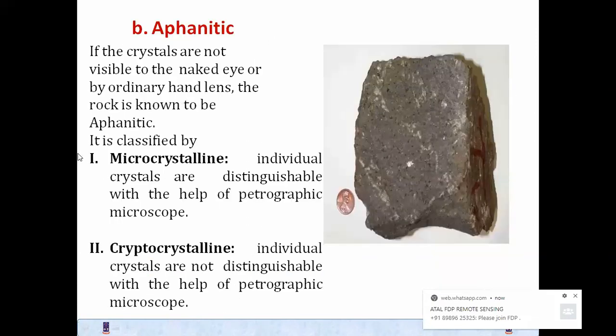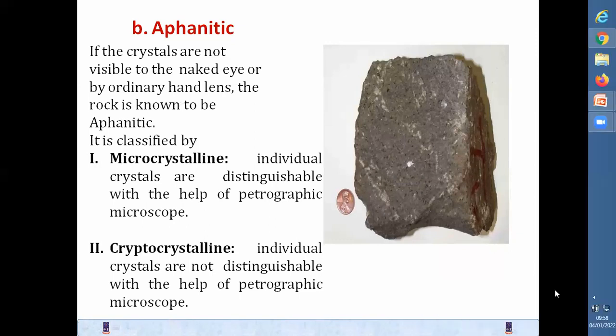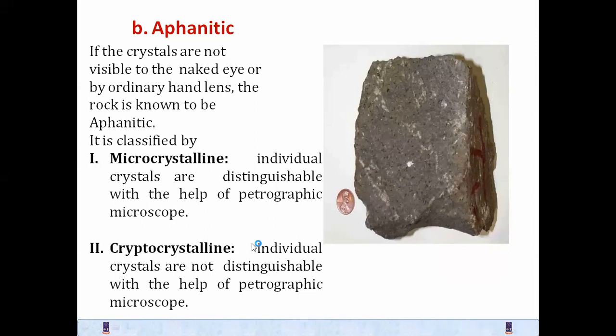Now we have to discuss the second type of texture related with size: microcrystalline and cryptocrystalline. These are the two terms related with the aphanitic type of texture. Individual crystals are distinguishable with the help of a petrographic microscope, or not distinguishable.